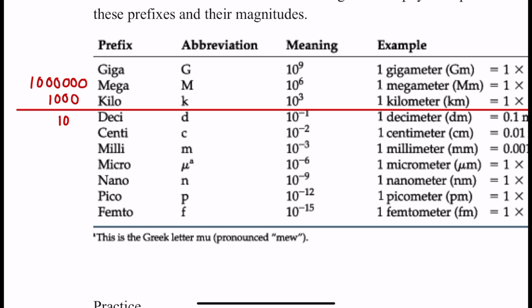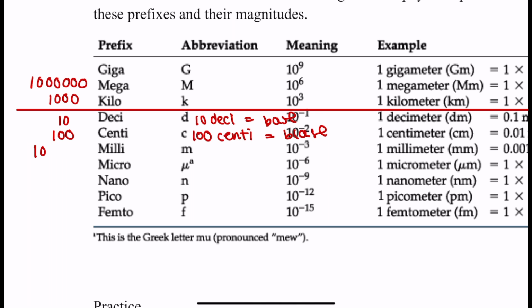It means there's going to be 10 decimeters or deci base units in one base unit, basically. That's how I like to memorize it. Centi means 100, right? Century, so same here, 100. Centi equals base.